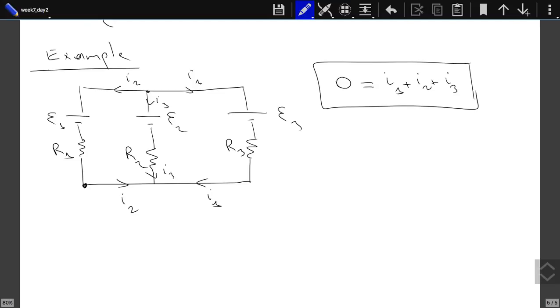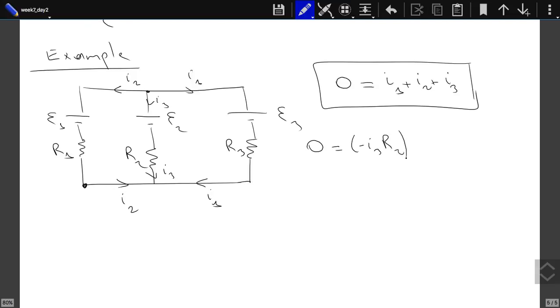Now, as I go from this point to this point, what is the potential drop? Nothing. From this point to that point, the potential drop? Sorry, from this point to this point, I'm just running across this resistor with resistance R2. 0 should be equal to minus I3 R2.